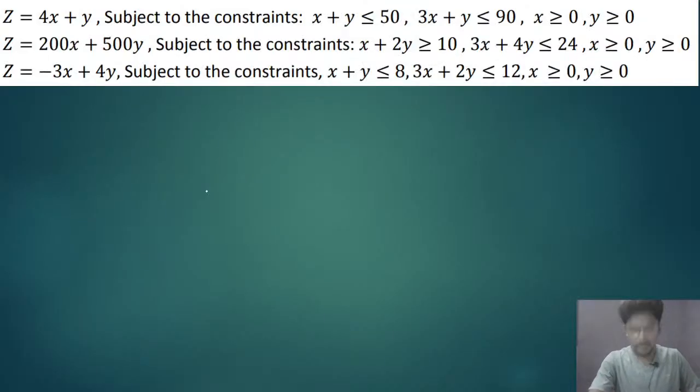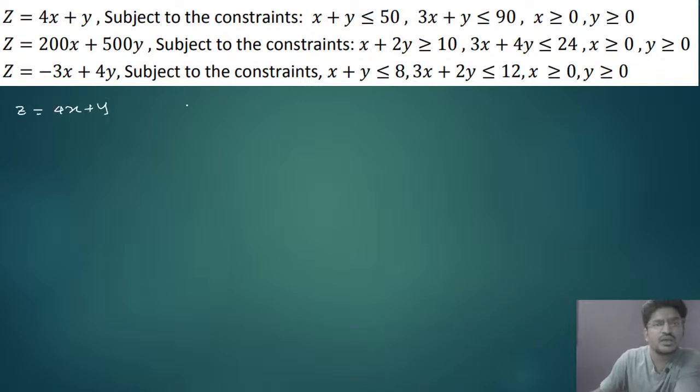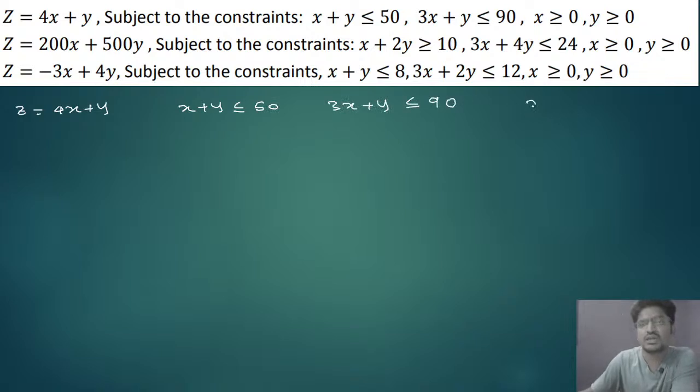Okay, so see the next problem, that is z equal to 4x plus y, x plus y is lesser than or equal to 50, 3x plus y is lesser than or equal to 90. So x is greater than or equal to 0, y is greater than or equal to 0. Here you have only two equations.